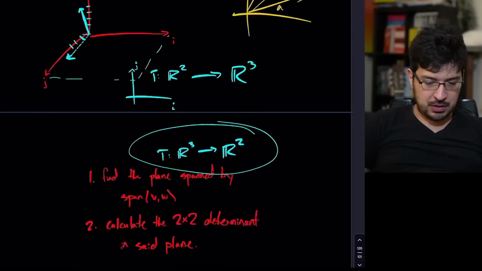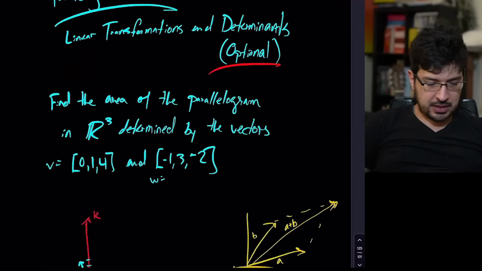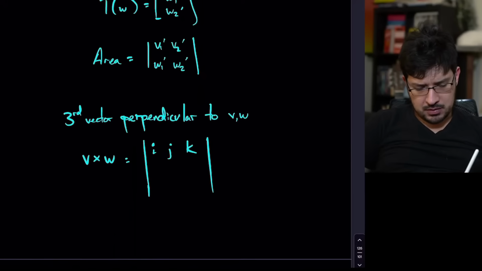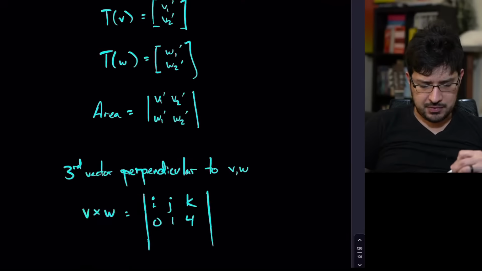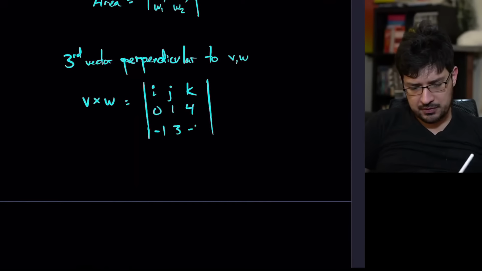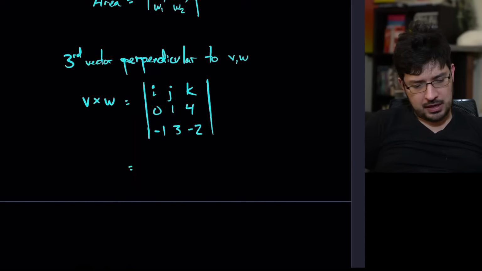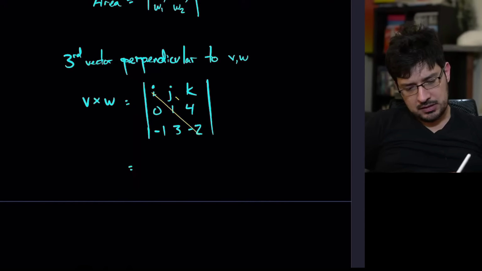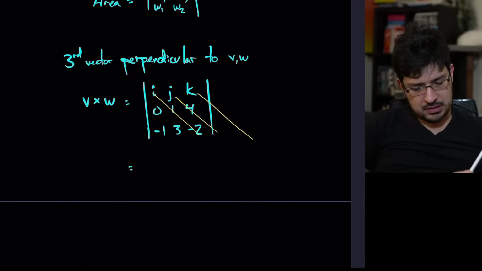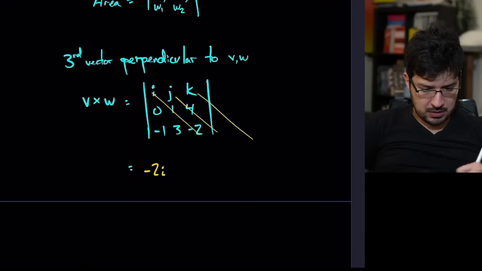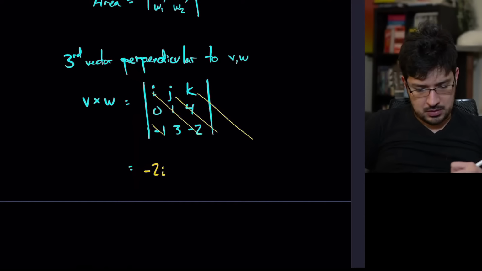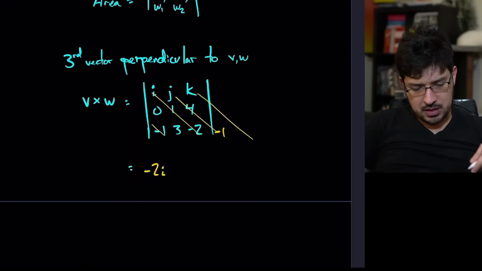And here is the shortcut for doing this thing. IJK, 0 1 4, -1 3 -2, -1 3 -2, and then this is this, so -2i plus, that -1 is copied.